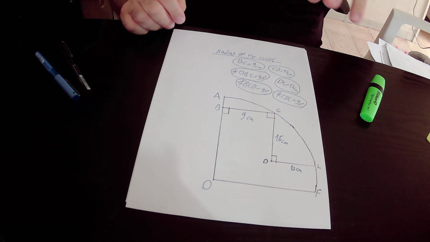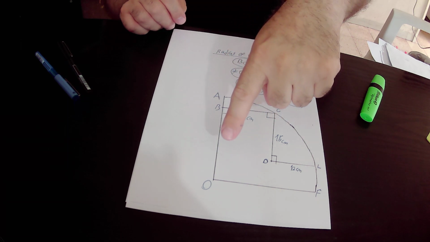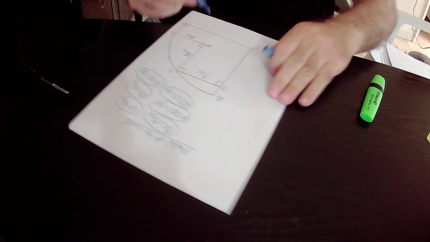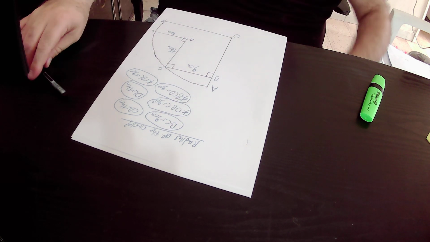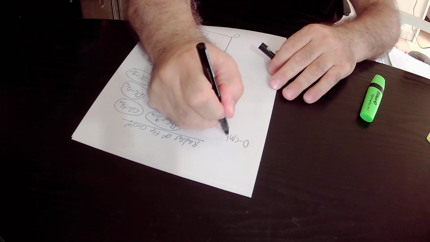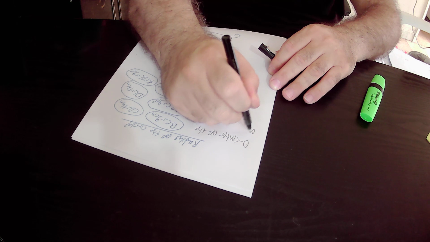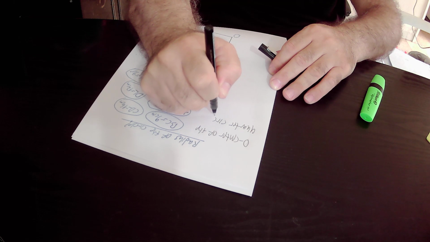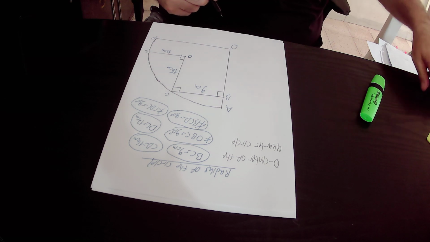Okay, so first of all, because this is a quarter circle, it means that point O is the center of the quarter circle. I write it down. Point O is the center of the quarter circle. And angle BOF equals 90 degrees.